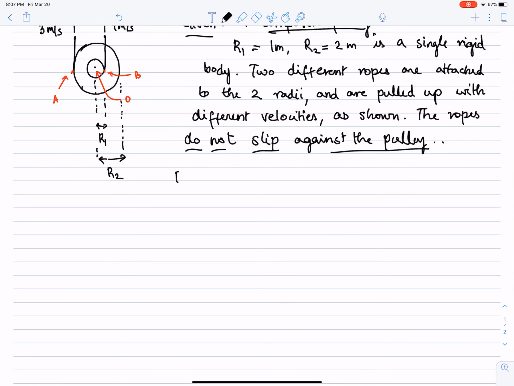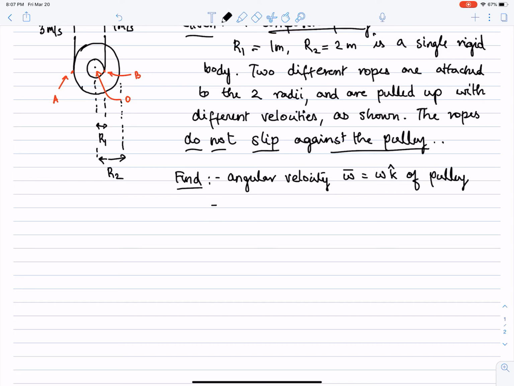Okay, and then you're asked to find the angular velocity of the pulley, omega equals omega k of pulley. So that's one.